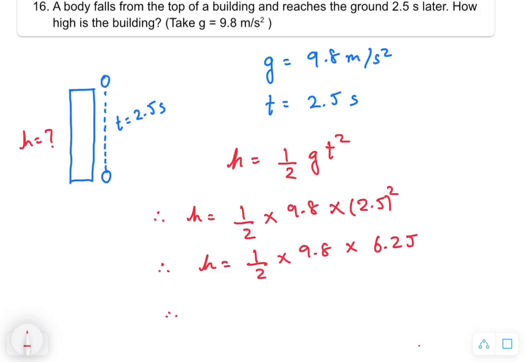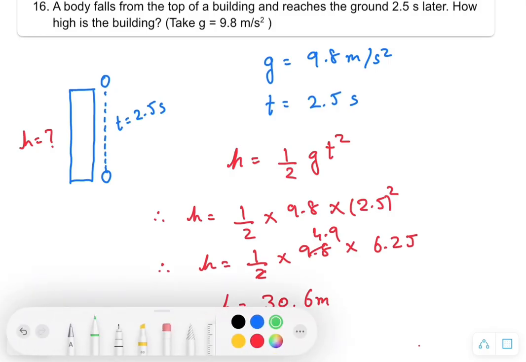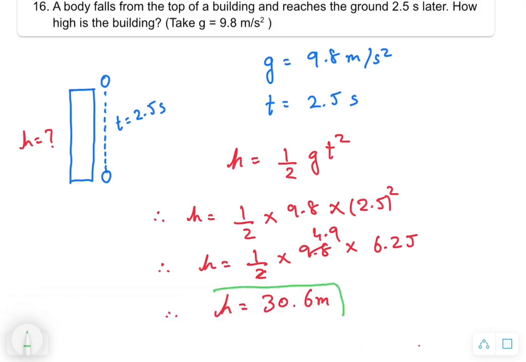So if you multiply this, you will get h equal to 30.6 meters. Height of the building is 30.6 meters.